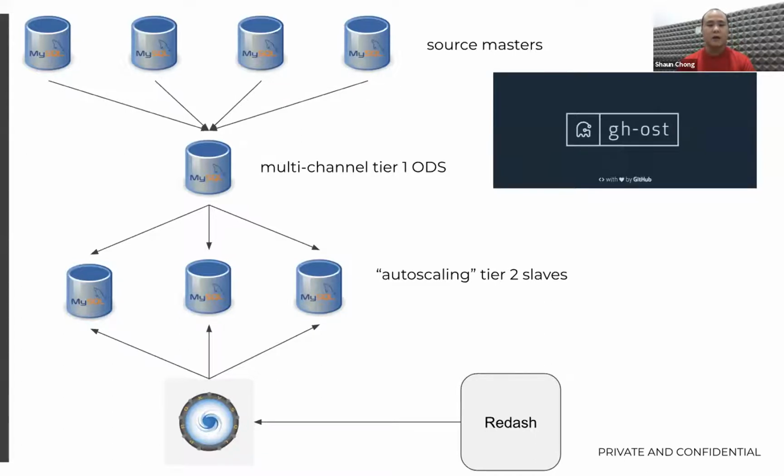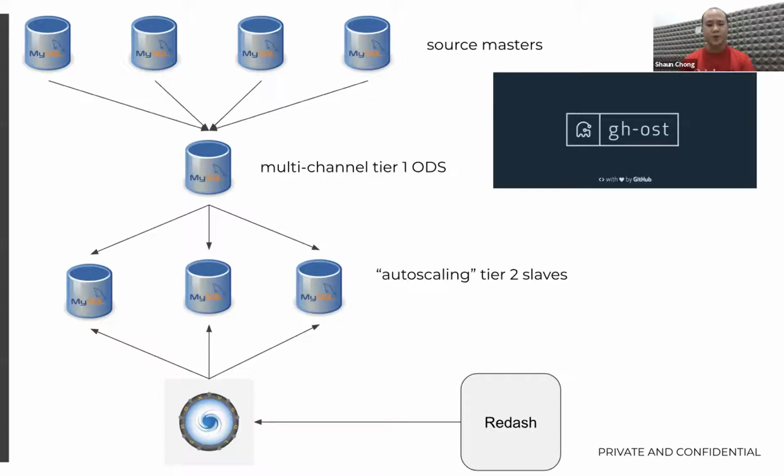We then have this so-called auto-scaling tier 2 slaves, which are just replicas of that tier 1 ODS. For the auto-scaling tier 2, we did some automation to very quickly scale up if we need more read capacity. You do a snapshot on the disk, bring it up, which is quite quick, and then set the replication on the bin log offset, and you have a new node.